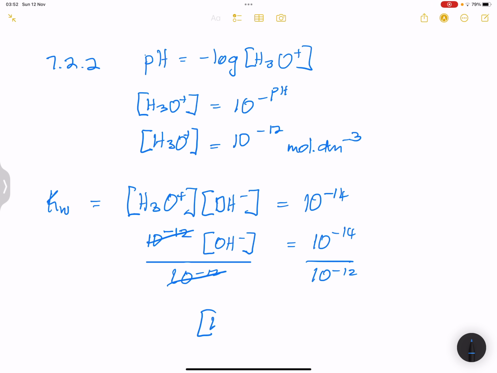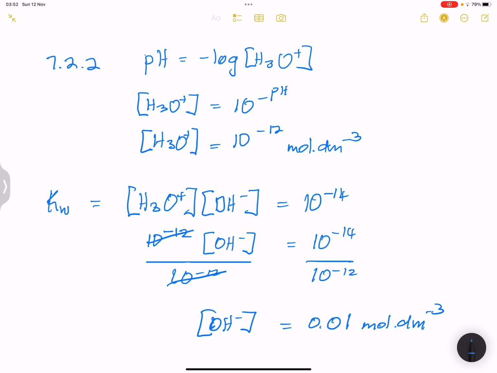Our concentration will be 10 to the minus 2, which is 0.01 moles per cubic decimeter, right? And so that's the concentration of hydroxide ions in the final mixture.